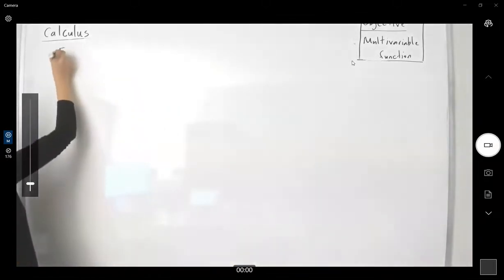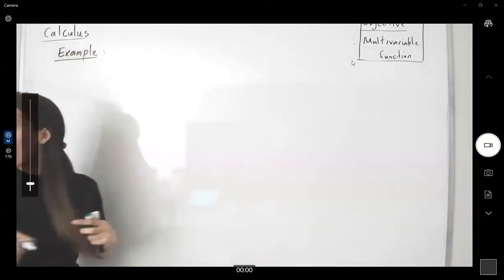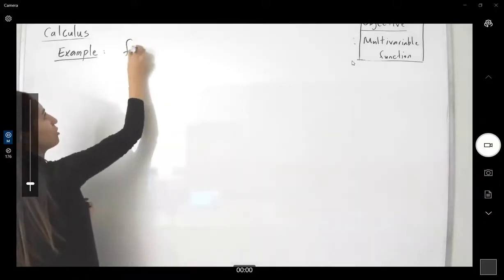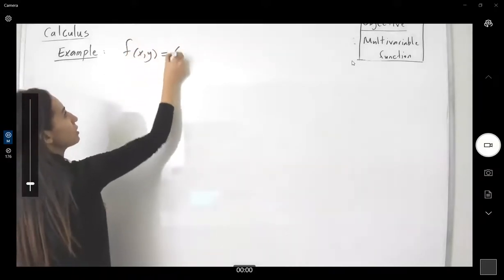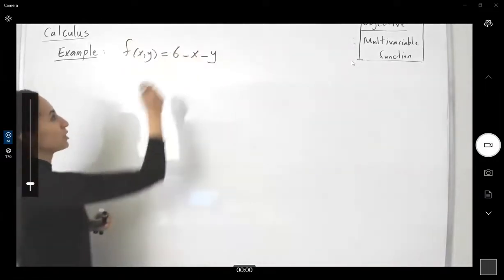Example. Well, in this example, we have function f of x and y, which is defined as 6 minus 3x minus 2y.